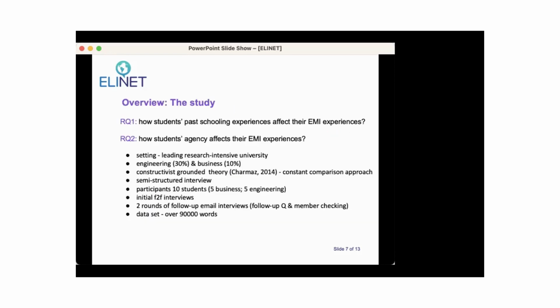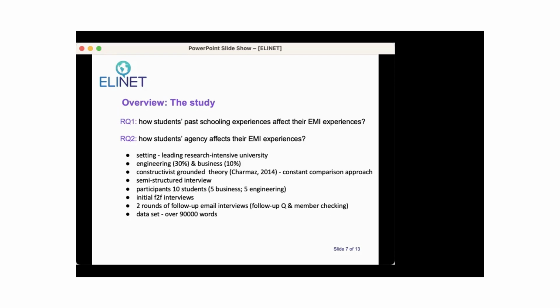So my research was guided by the following research questions. Question 1, how students' past schooling experiences affect their EMI experiences. And the second question, how students' agency affects their EMI experiences. And then the other bullets provide an overview of my research design.